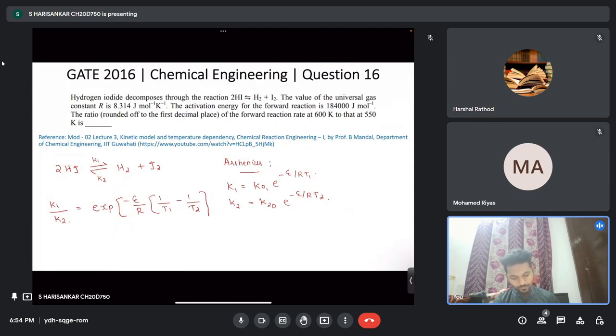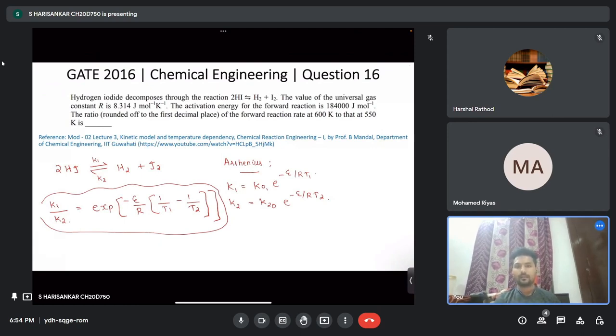So we can find the ratio of the forward reaction to the backward reaction using this relation, which we derived using the Arrhenius equation.